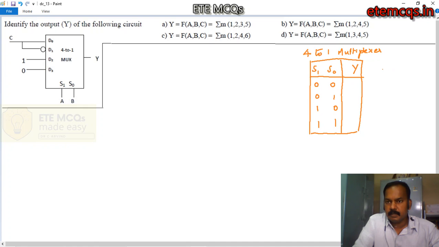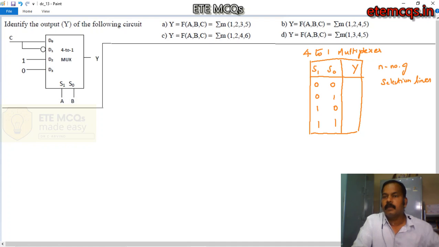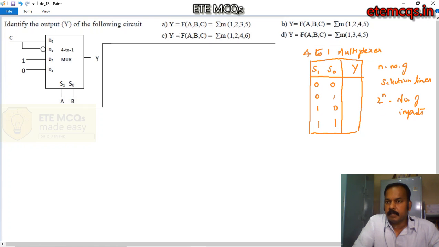Here n refers to the number of selection lines, and the number of inputs is 2 power n.